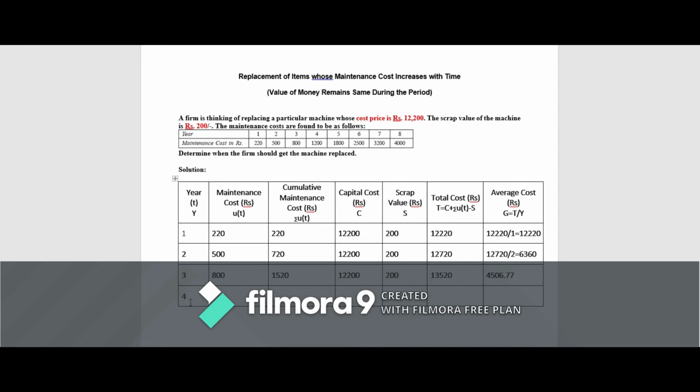For the fourth year, the maintenance cost is 1,200 rupees and the cumulative maintenance cost equals 2,720, capital cost is 12,200 and scrap value is just 200. The total cost will be 14,720 and the average cost is 3,680.